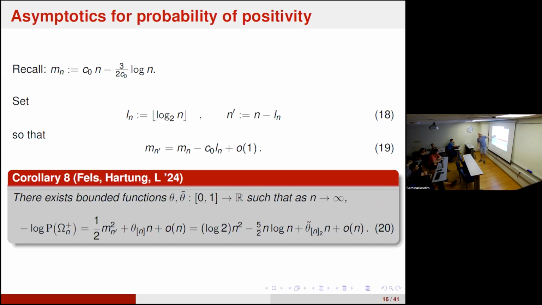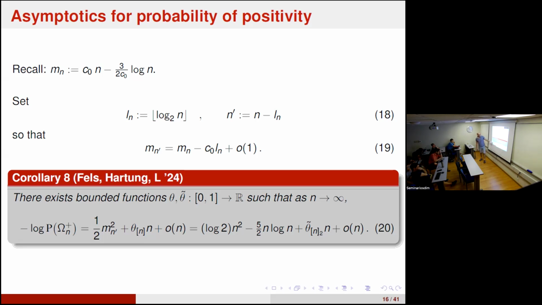For the rest of the talk, I'll need l_n, which will be log base 2 of n, n' will be n minus l_n, and then m_n' is just m_n minus a constant times log n. It turns out that, on the log scale, the asymptotic of the probability that all the leaves are positive is this.